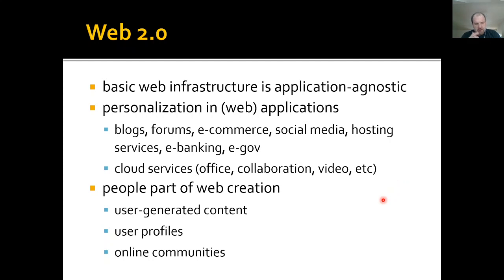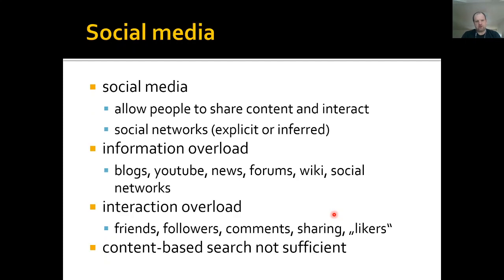Okay, so as I said, during the years, people became the part of web creation. They generated content on the data side of modeling. Users became data entities and made also graph structure within the social networks and so on. So we get completely new information that is very plausible to reuse in the retrieval process.